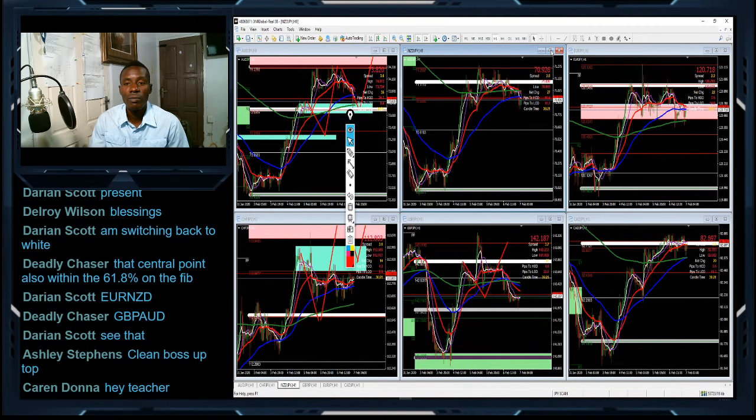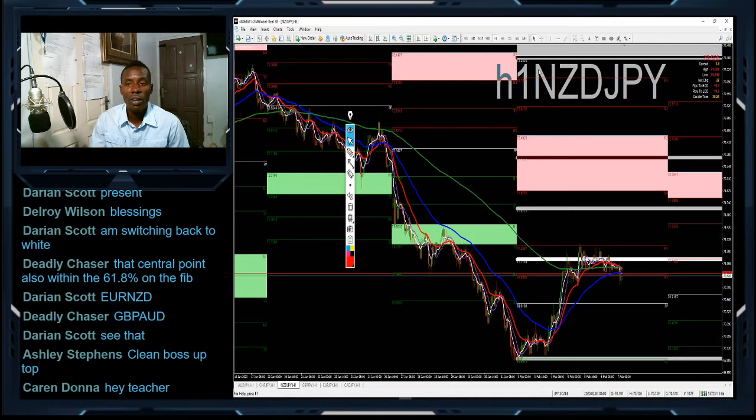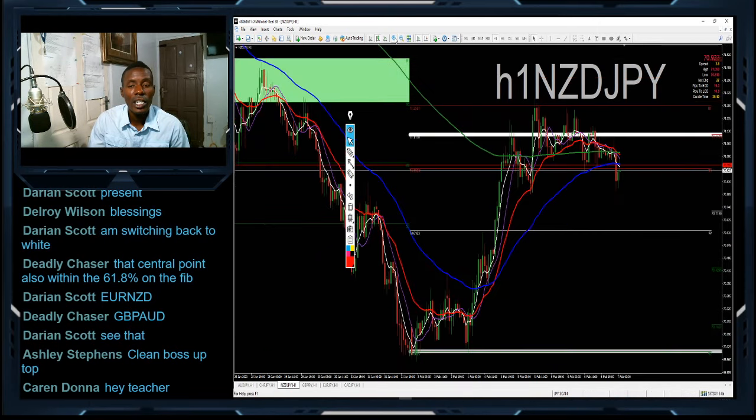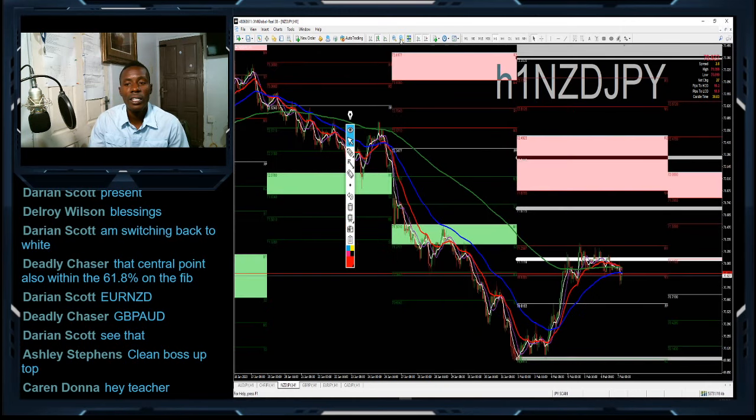This is Kiwi Yen, New Zealand, Japanese Yen. And as we know, it's at the central pivot point.